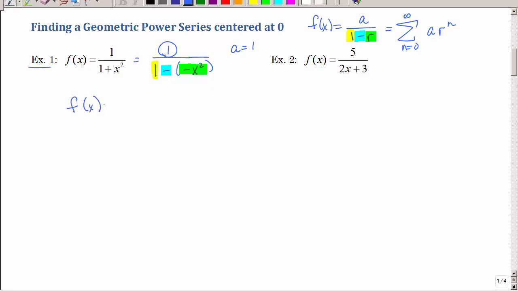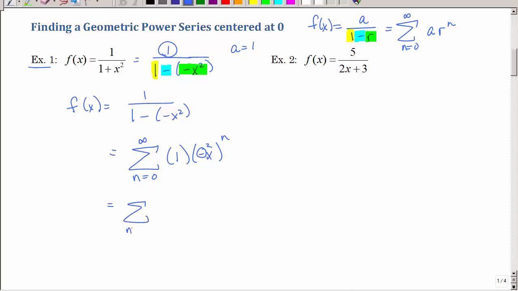So my function, which now is 1 over 1 minus -x squared, can be written as a power series going from n equals 0 to infinity of a, which is 1, times r to the nth power. You could leave your answer like that, but it's probably a little bit better to take out this -1.